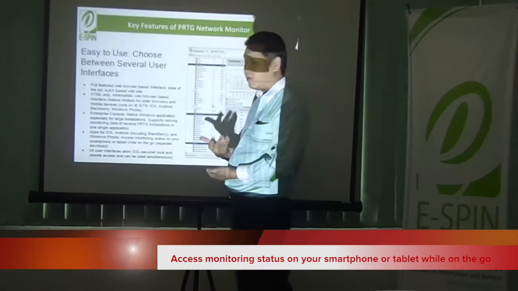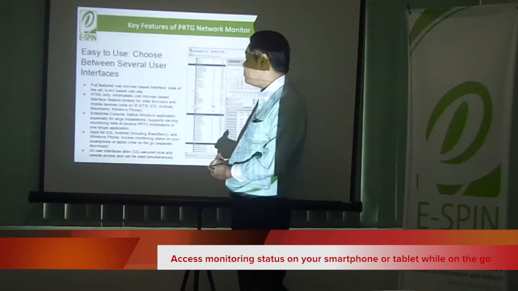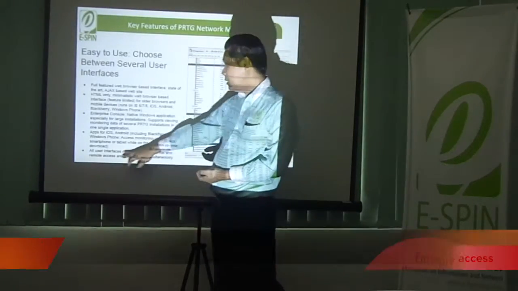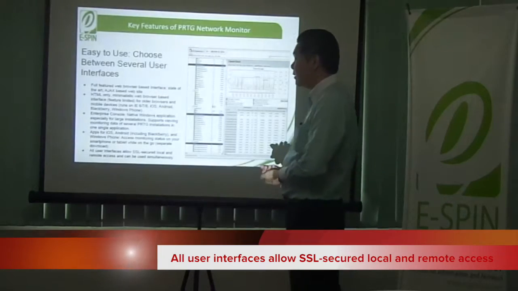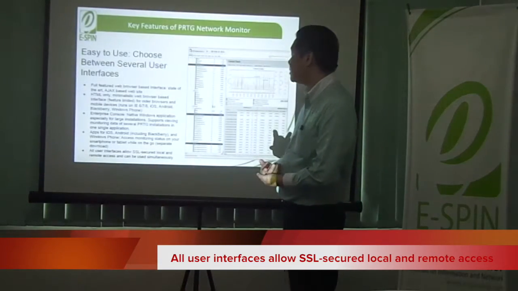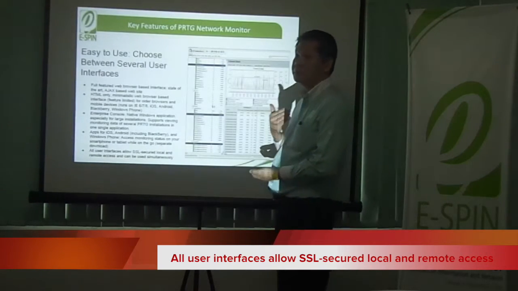No special download is required, so you will know what is going on even with just a mobile phone. All user interfaces allow SSL secure local and remote access and can be used simultaneously, because in some enterprise environments it is mandatory to use SSL for the connections.